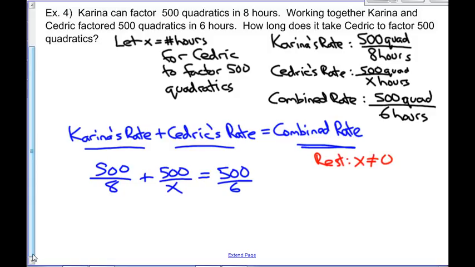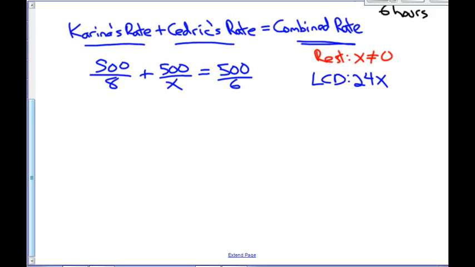The LCD here, well, between 6 and 8, there'd be an LCD of 24. And we also need an x. Now, if you happen to use 48, it's not the end of the world. That's not the lowest common denominator, but it will still work as a denominator. Let's go through and we'll multiply each term by what it needs to make that common denominator of 24x.